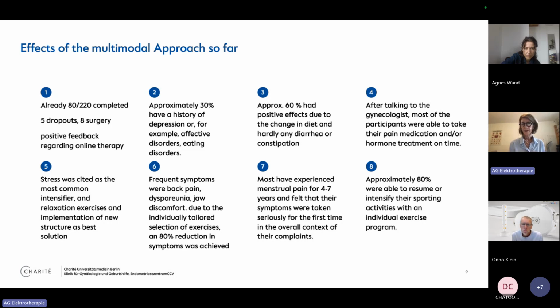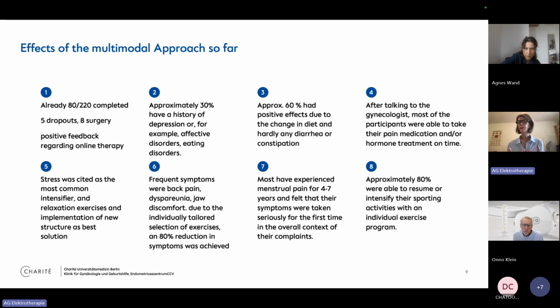And then number 5, stress was listed as the most common intensifier. So stress was almost pushing the pain and the symptoms. But relaxation exercises and the implementation of a new structure are the best solutions.